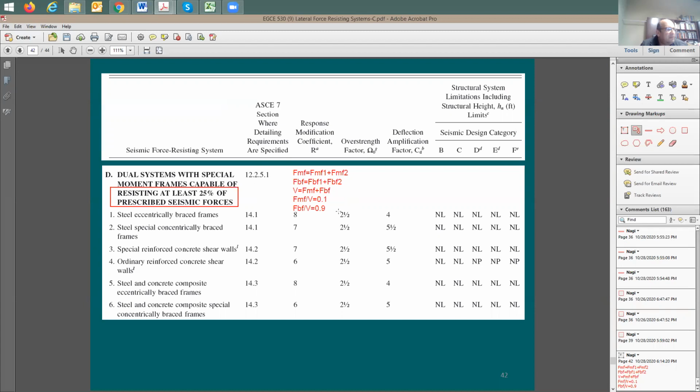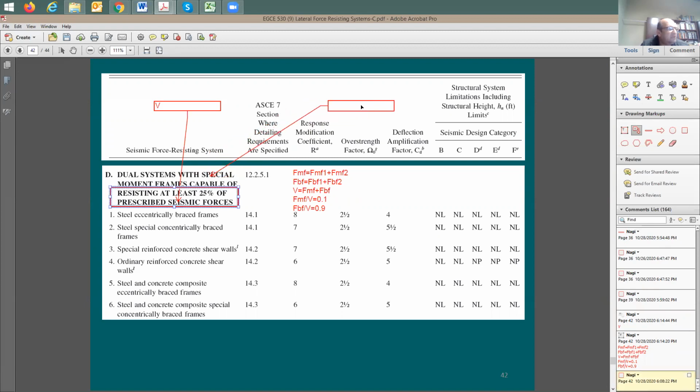What is the seismic force in my equation? Prescribed seismic force is V, correct? And what is the force that goes to the moment frame? Capable of resisting, I guess you're talking about this force here that we're just talking about, which is the force in the moment frame.